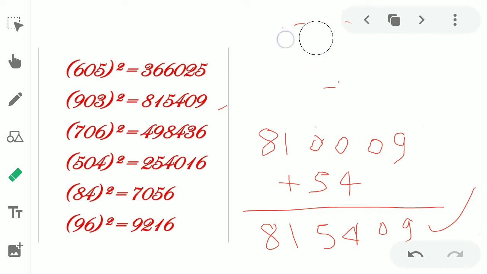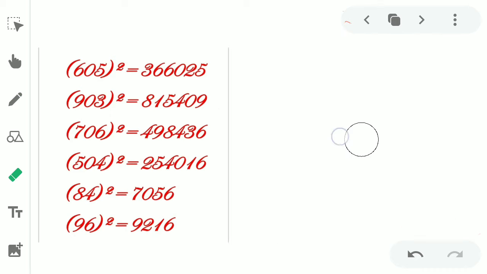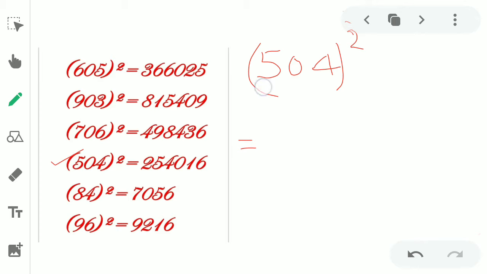Similarly, we can find the square of any 3-digit number using this trick. For example, if we want to find the square of 504, first of all, we will write the square of 5 here, which is 25.